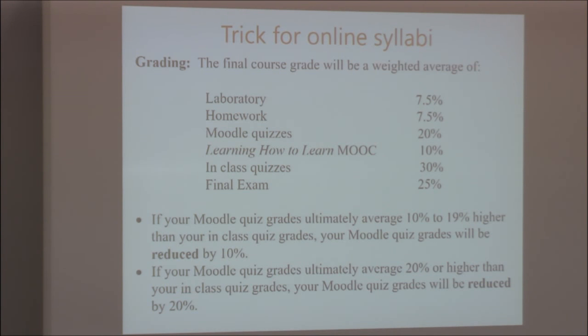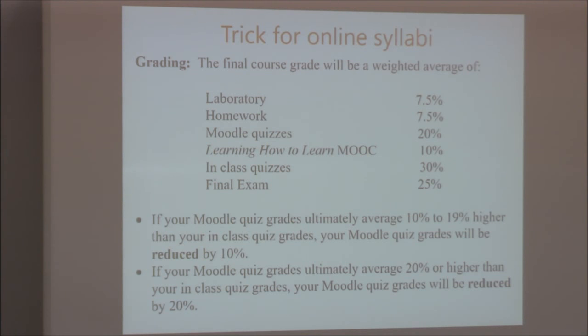So let's say that you get a 98% on your Moodle quizzes. Sounds great, right? But you could get that by cheating pretty easily. And let's say that you got a 72% in your in-class quizzes as your average.